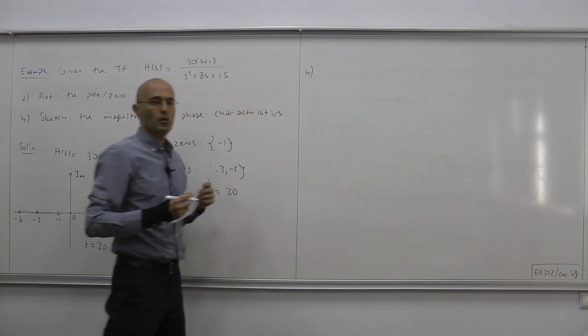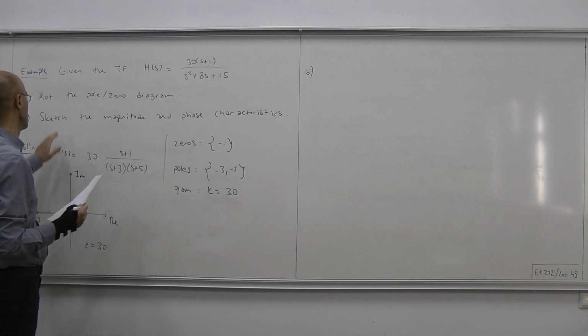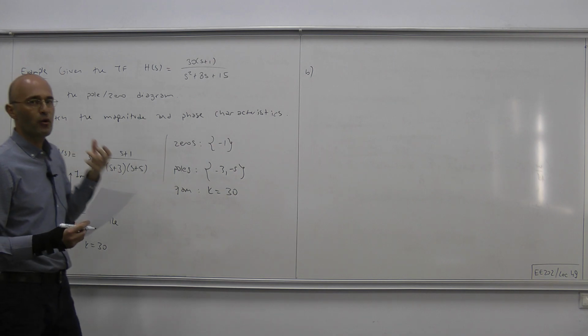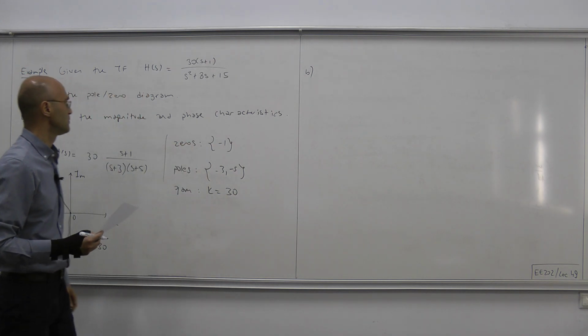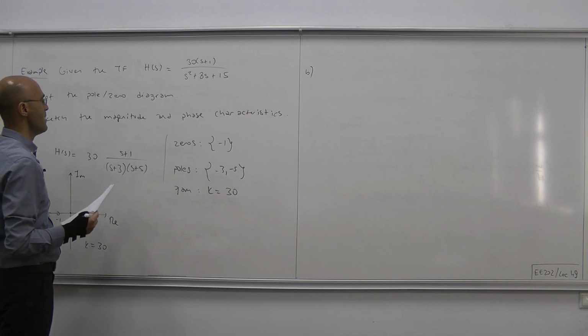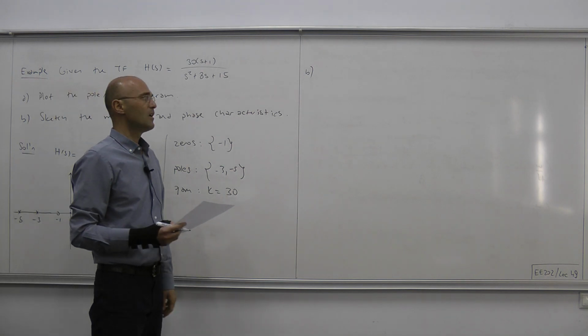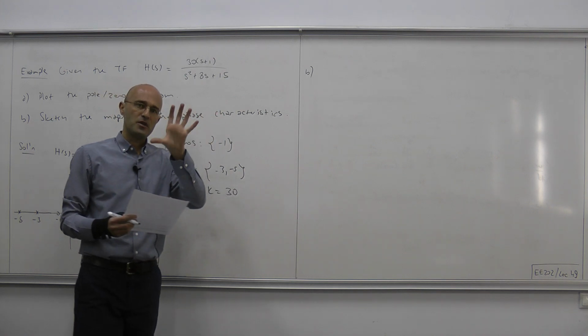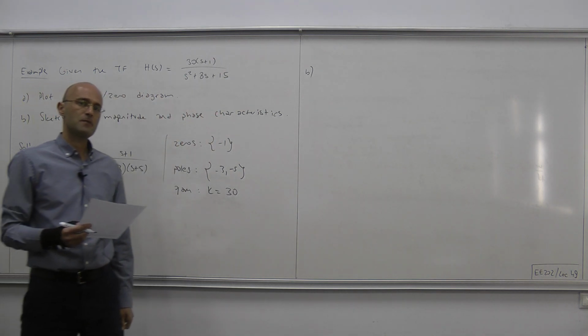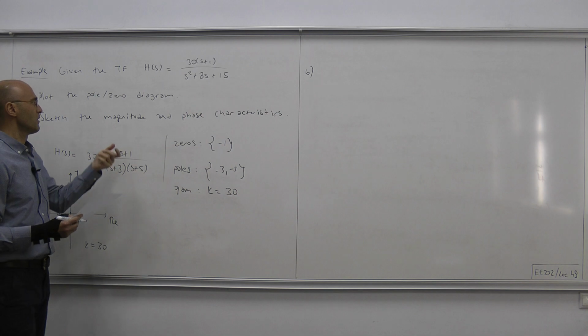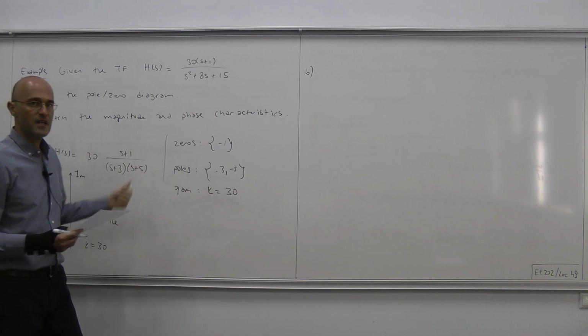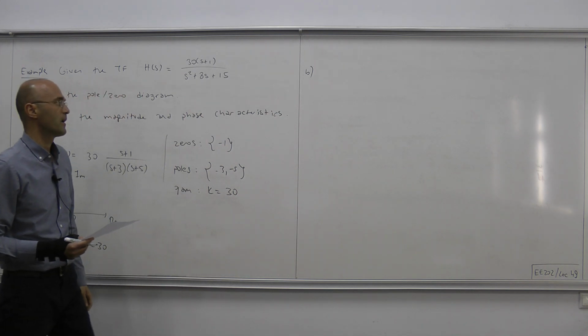Let's move on to the second part, B, where we will obtain some important properties of the magnitude and phase characteristics, and then using those properties we will roughly plot those functions, okay? The gain versus omega and the phase versus omega.